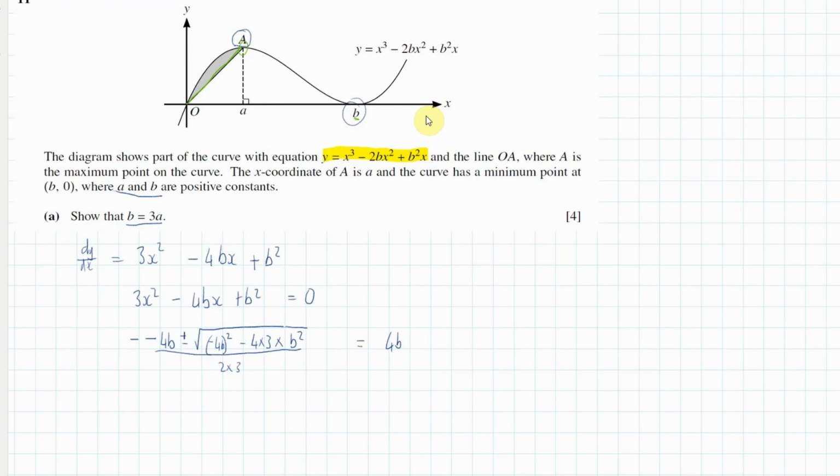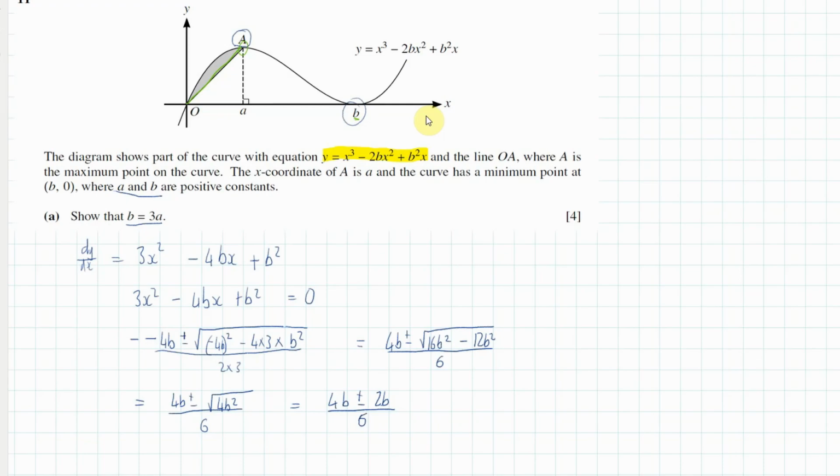And this would simplify to 4b plus or minus the square root of 16b squared minus 12b squared, all over 6, and that would give me 4b plus or minus the square root of 4b squared all over 6, and that would give me 4b plus or minus 2b all over 6.